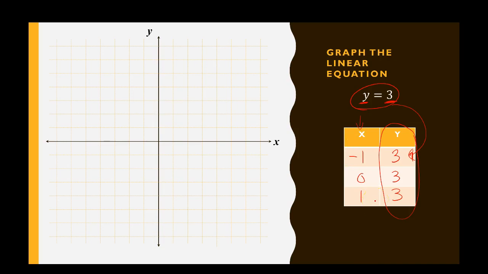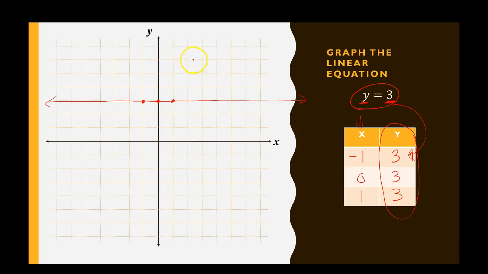So I fill in all my 3's, pick any numbers you want for x's. When I graph them, you're going to end up with -1, 3, which is right here, 0, 3, which is right here, 1, 3, which is right here. So what you notice is it wouldn't matter what you picked for that x, because this is spanning this whole entire length of this x, your y value is always going to be 3.